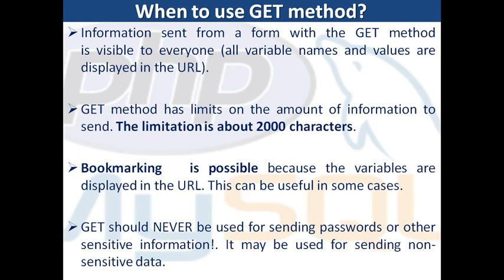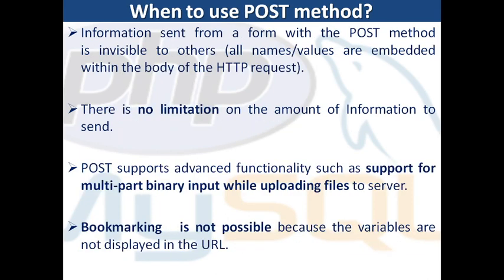Bookmarking is possible because the variables are displayed in the URL. This can be useful in some cases. Like if you want to bookmark a page for later use, then you can bookmark. Get should never be used for sending passwords or other sensitive information. It may be used for sending non-sensitive data.